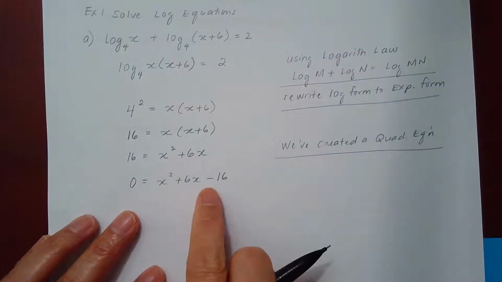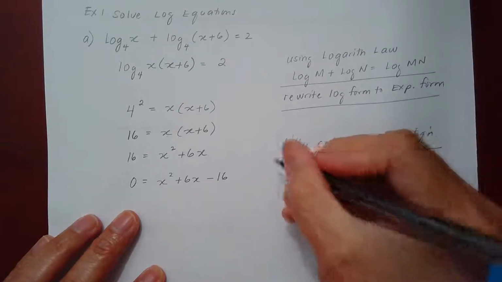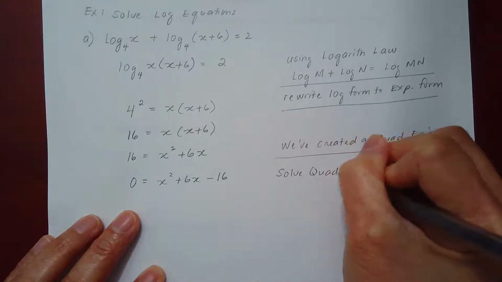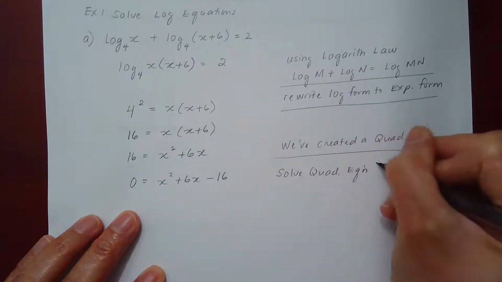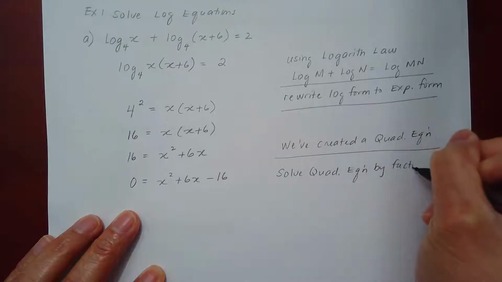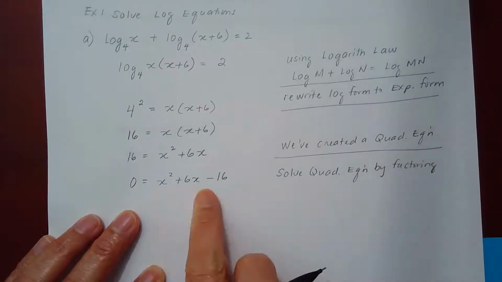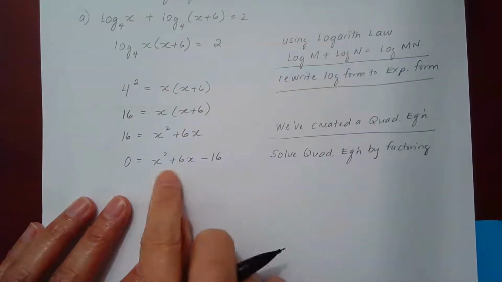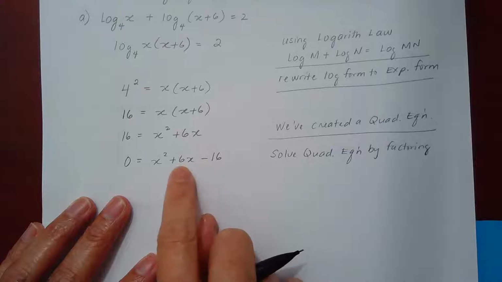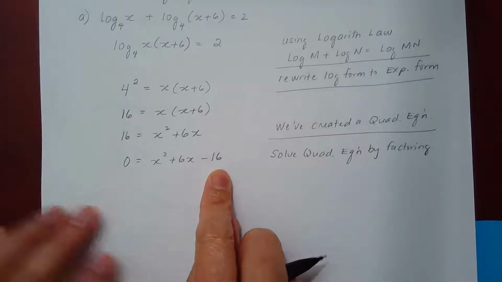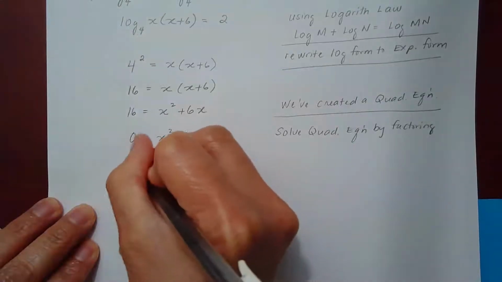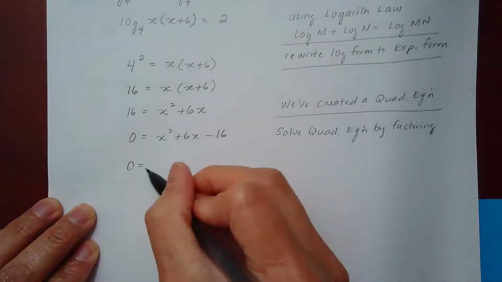Because this is a quadratic equation, we can solve by factoring. The reason why I'm solving by factoring is because I know that this is a factorable trinomial.